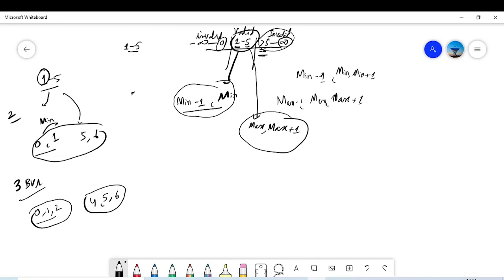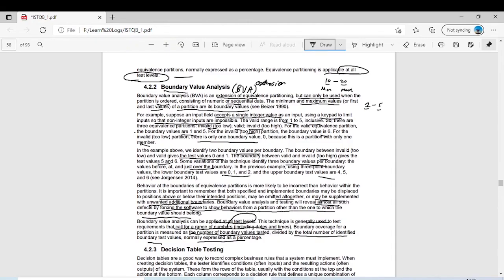So we have identified 4 boundary values, and let's say we test only 2 of them, only 1 and 5. Then 2 out of 4 means 50% boundary value coverage. So it's a percentage which we decide.